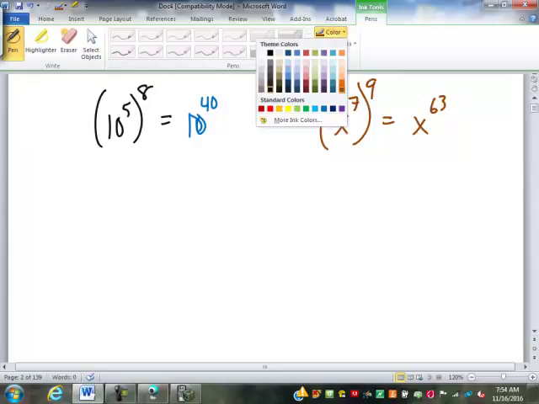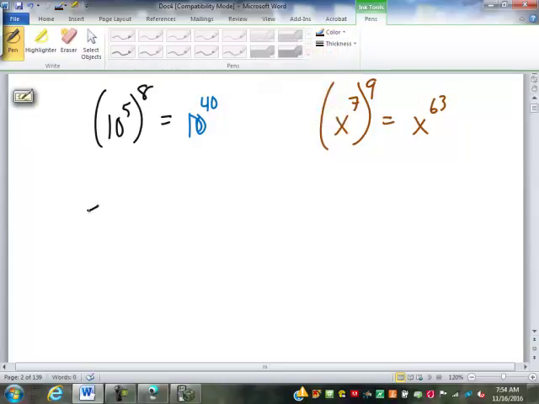Well, what if we have 5x to the fifth, y to the third, to the power of 6? The number, the count, still has to get raised to the power. So it is still 5 to the power of 6, which is 15,625.